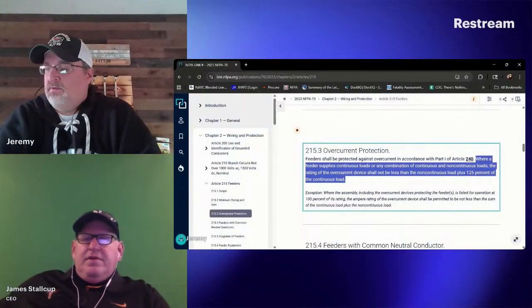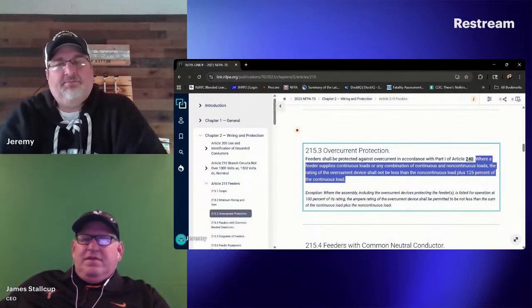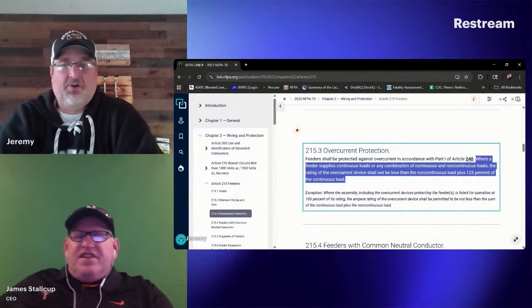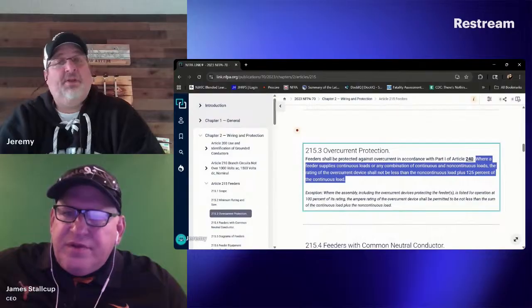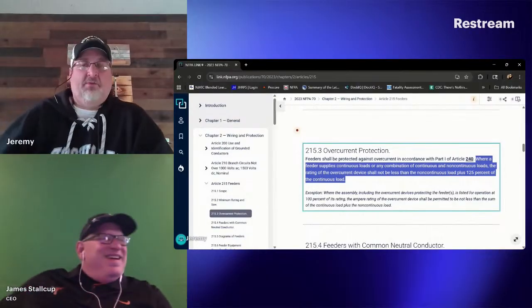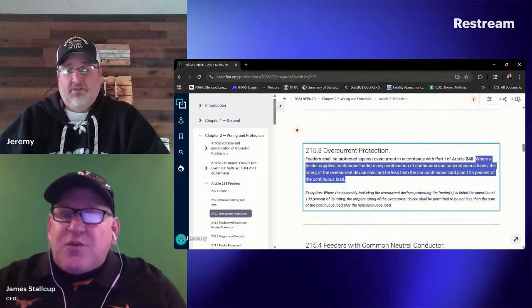I'm asking you, why does it say that in 215.3 then? It says the exact same language when you're looking at sizing the conductor too. I know, but why would they even put that in the overcurrent device? You size the wire and the conductor the same.